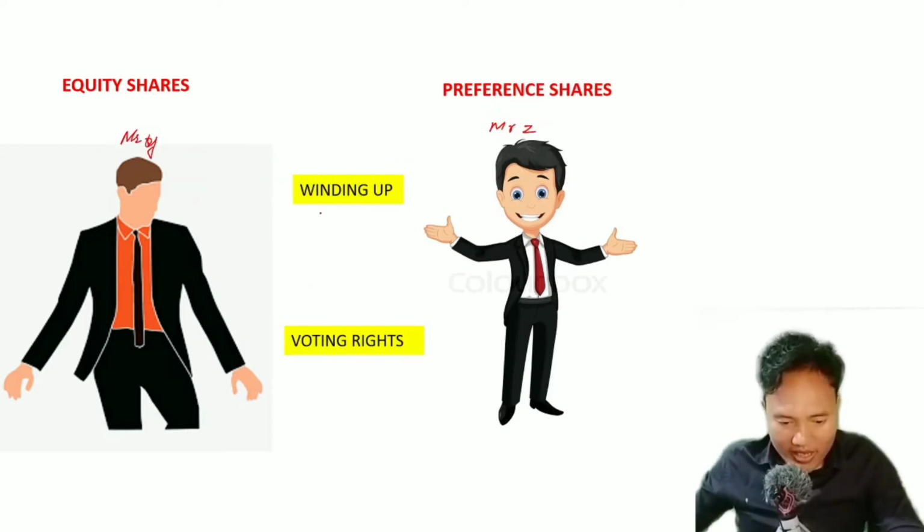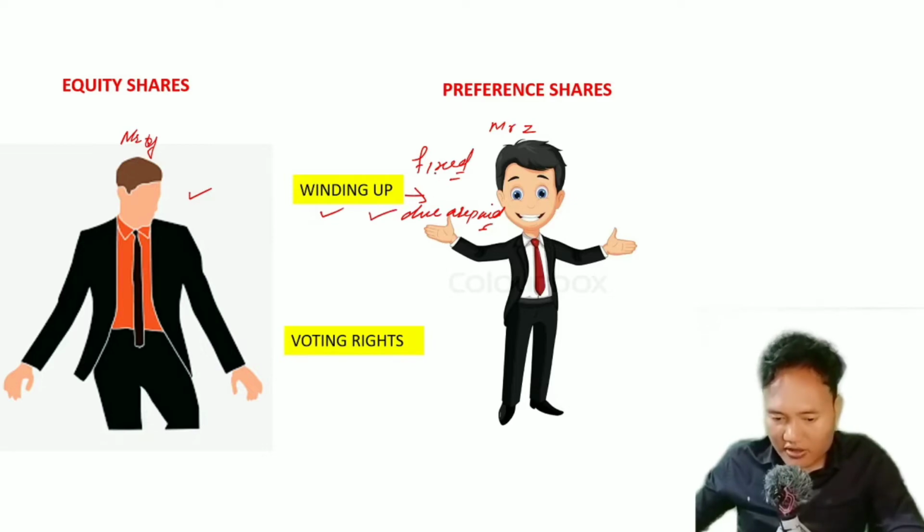The next point is winding up. When companies are closed down, the first preference is given to the preference shareholders. Now what are the various preferences that the preference shareholder can have? The first is that they can participate in the assets of the company. All their dues are paid first, before payments are made to the equity shareholders.